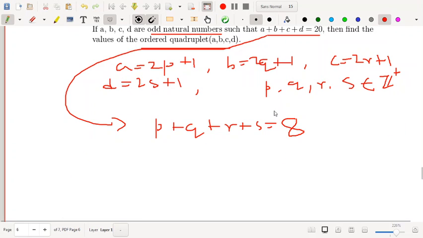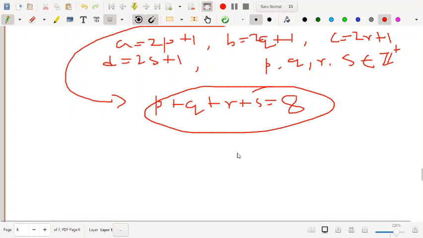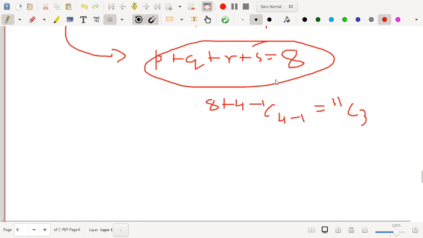The problem is just solving an equation having 4 variables, and the number of non-negative integral solutions is 8 plus 4 minus 1 C 4 minus 1, that is equal to 11C3. Okay, clear?